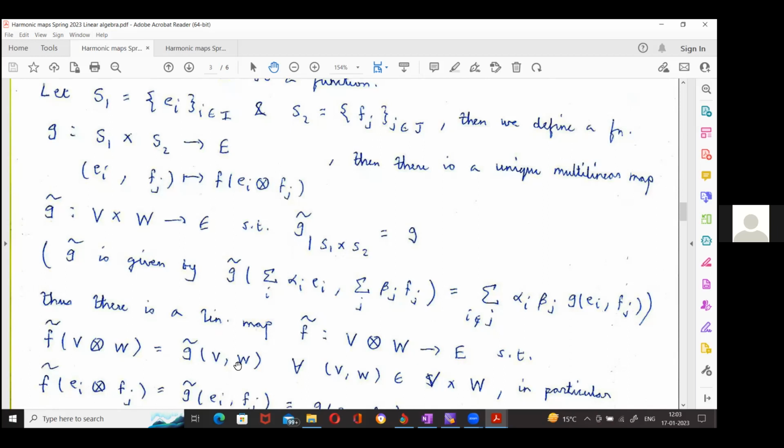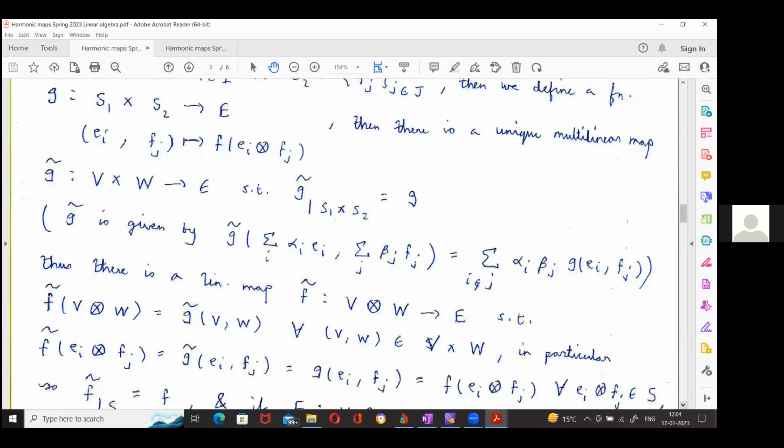This is exactly what the universal property gives me: the bilinear map G tilde factors as a linear map F tilde composed with the universal multilinear map.